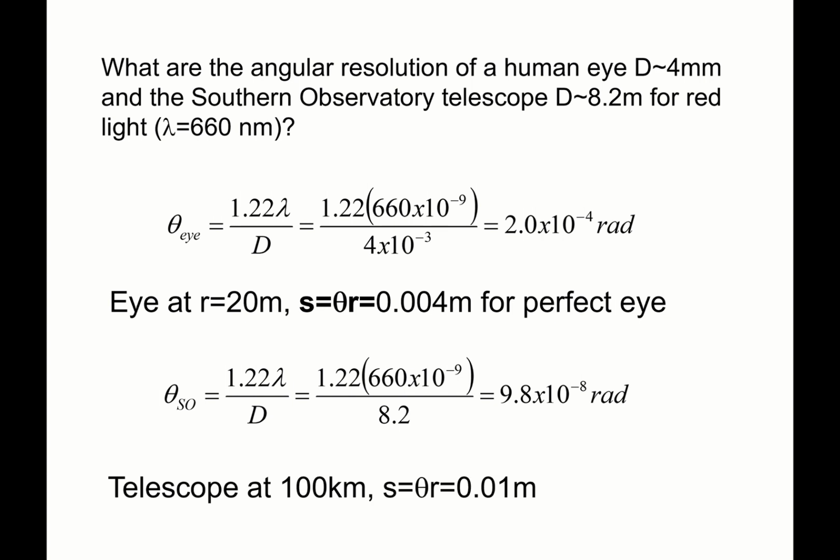For the telescope at 100 kilometers, which is about the edge of space, S equals theta R is 0.01 meter, so it's about 1 centimeter. So if you had a telescope with a lens with that size aperture, 8.2 meters, orbiting out in space, it would be able to distinguish objects that were about 1 centimeter apart.